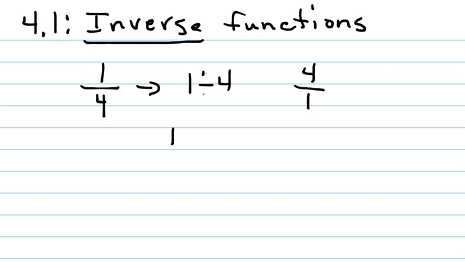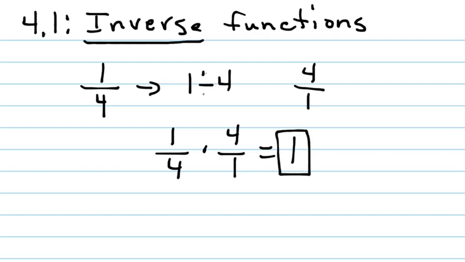Because if you took those two things and multiplied them together, you're going to get 1. And then multiplying by 1 would not do anything. So the inverse allows you to eliminate something and eliminate its effect on anything else. Okay? So keep that in mind as we go.